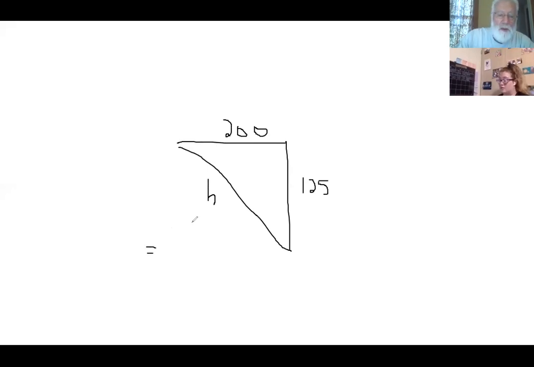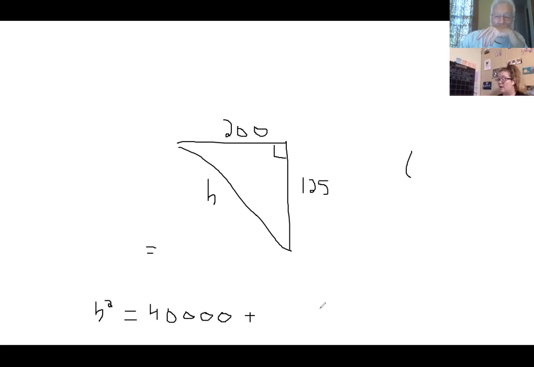It's the Pythagorean theorem because this is a right triangle. Did you get that for h squared, or h? Yeah, it was distance equals radical of that. Okay, so you said you got 40,000 here. I got 55, but. Oh, for 200 squared?